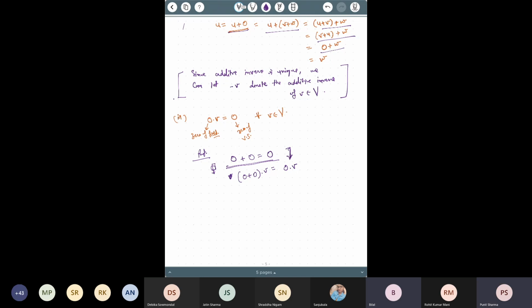The first step is fine. Second, the problem here is that, if you look at the right hand side, you are using the fact which you are trying to prove.